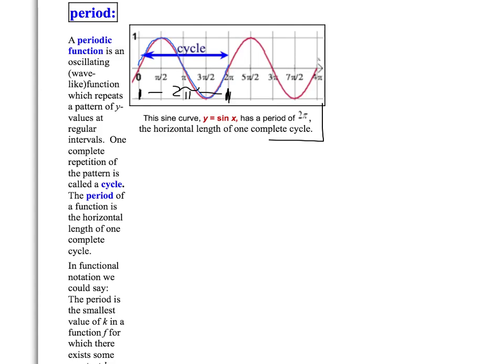And that's what this little paragraph says right here. It says a periodic function is an oscillating, wave-like function which repeats the pattern of y values at regular intervals. One complete repetition is called a cycle. The period of a function is the length it takes to complete the cycle.